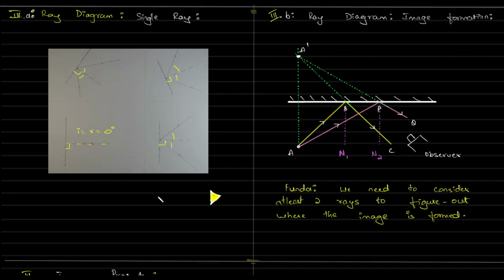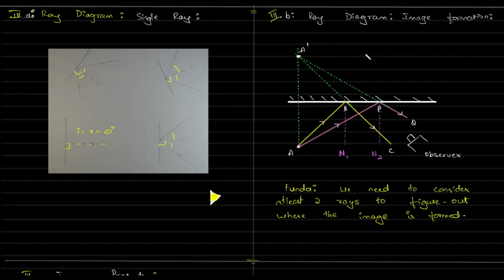With this understanding, we moved on to the ray diagram of image formation. When you talk about image formation ray diagrams, we need to understand the rules of drawing a ray diagram for a single ray. Then we moved on to picking up a dot: image formation by a plane mirror of a dot.